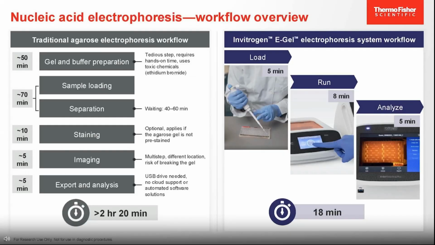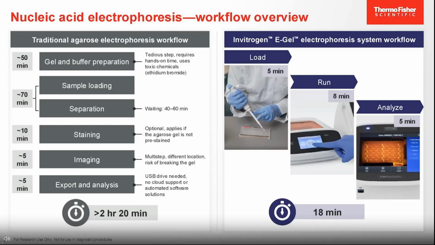So, nucleic acid analysis through electrophoresis is a very, very old method. It hasn't really changed in principle for over 50 years, apart from minor tweaks here and there regarding the separation matrix. And generally, it is separated into several distinct steps, meaning we have the gel preparation together with the buffer.